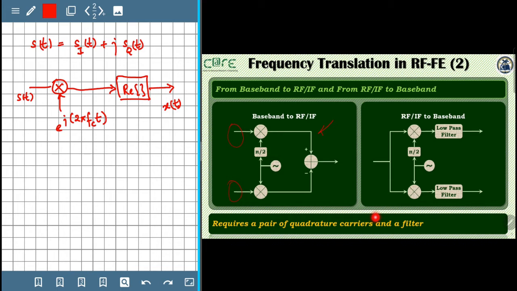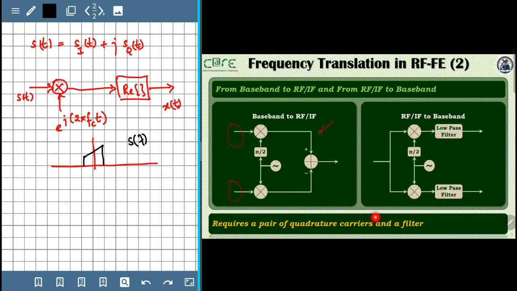And now let's examine what happens in the frequency domain once we do this multiplication, s of t getting multiplied with e power j 2 pi fct. Let's say this is the spectrum of s of t, so we label this as S of f.